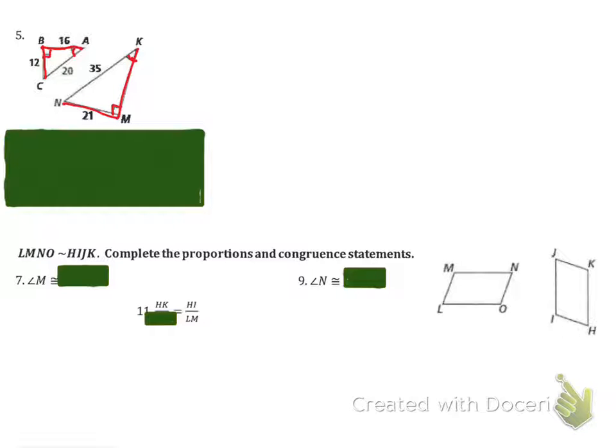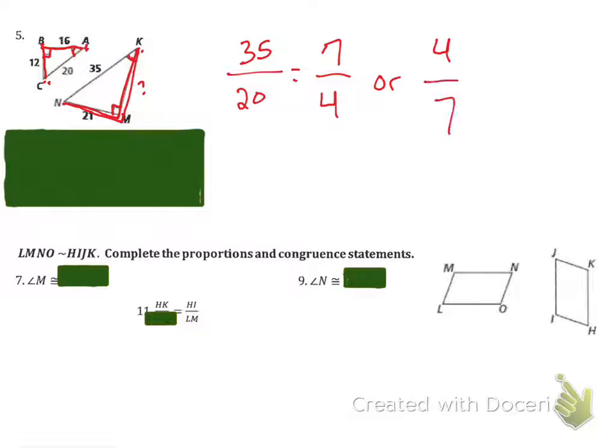K to M to N would be like saying A to B to C. KM, we don't know what that is, but I know what KN is. KN is 35, and AC is 20. Reduce that. I can divide that by 5, so that'd be 7 over 4, or 4 over 7. Make sure you write yes in there too.